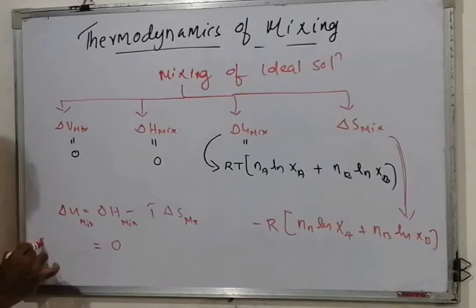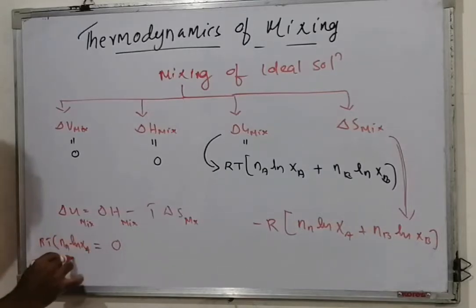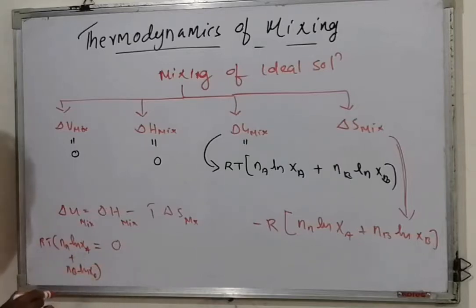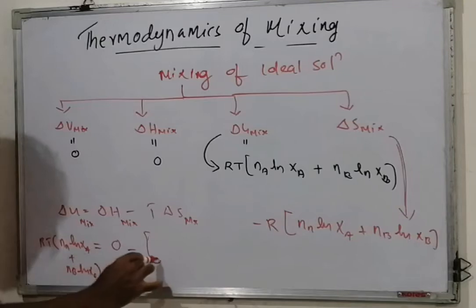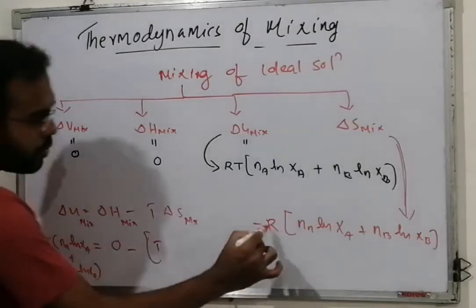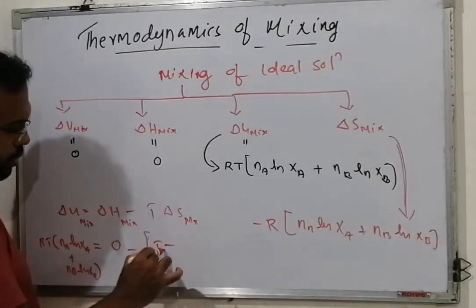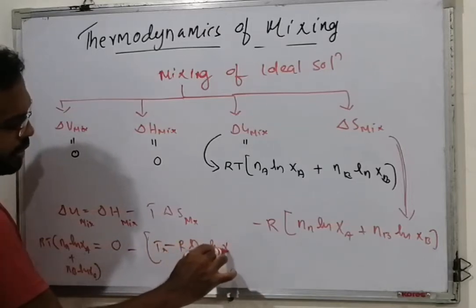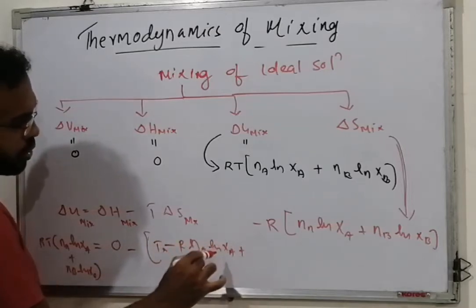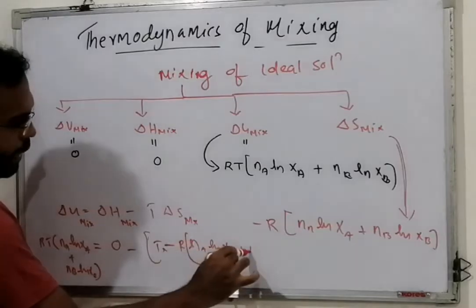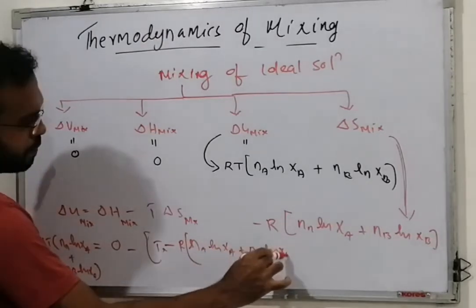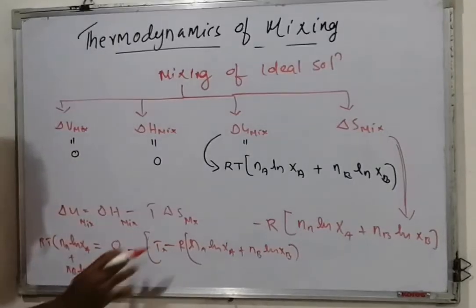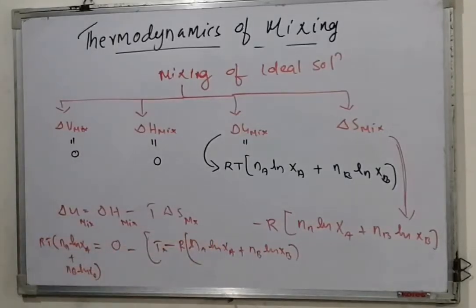This is RT (NA ln XA plus NB ln XB) minus T into minus R (NA ln XA plus NB ln XB). Minus and minus plus, therefore RT. This is it.